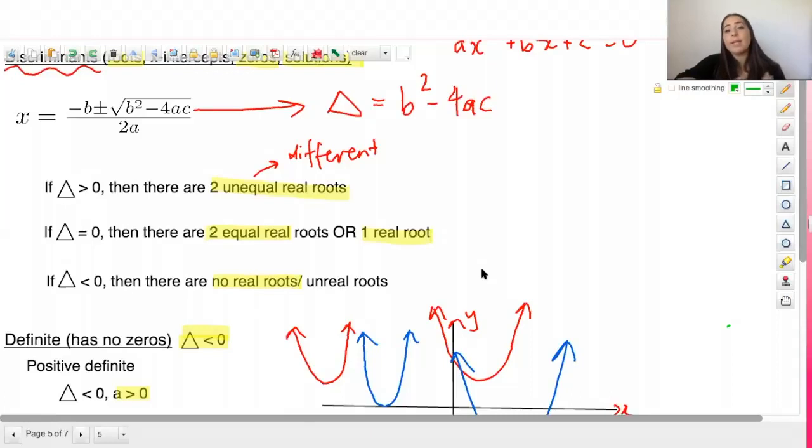For example, like in the last example that we explored, the line was tangent to the curve, which in other words means there is one real root between those two functions. So once we solve them simultaneously, we can equate the discriminant to 0 and then determine things from there.